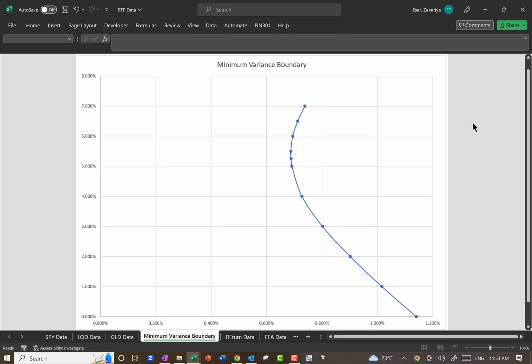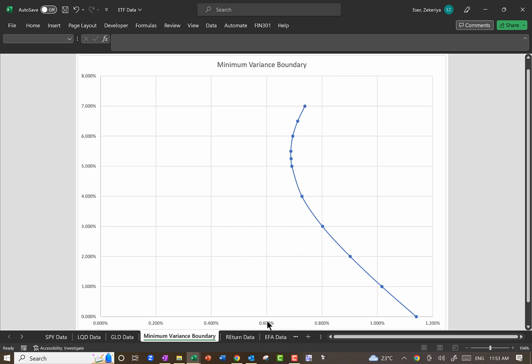Remember, we are plotting the minimized risk on the horizontal and the desired reward on the vertical. I kind of stopped here, but you probably are guessing this graph is going to continue.